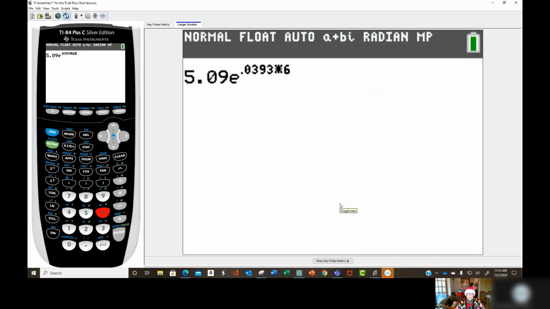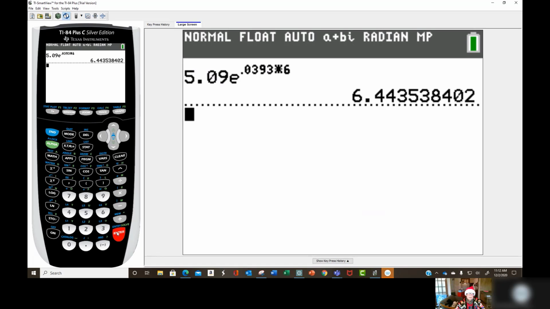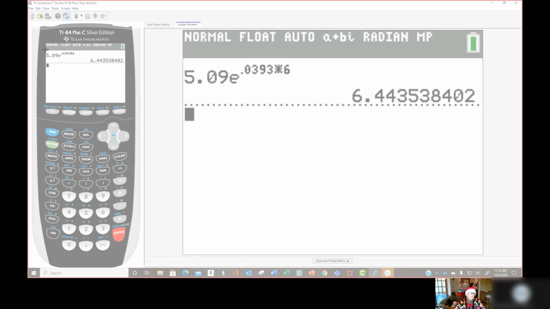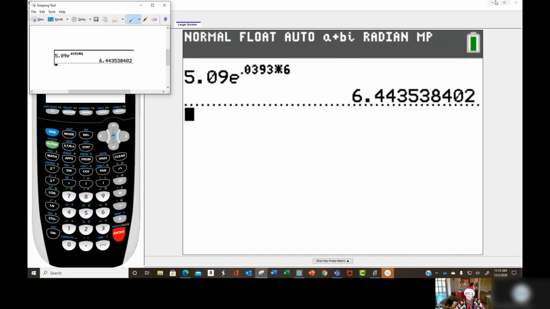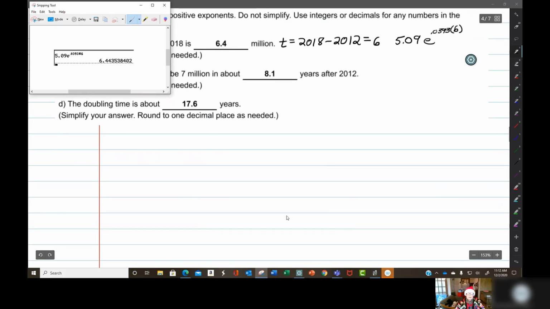And so that's what I got. And let's see, enter. This is the quickest, easiest way to bring these numbers over. So what is this? This is B.